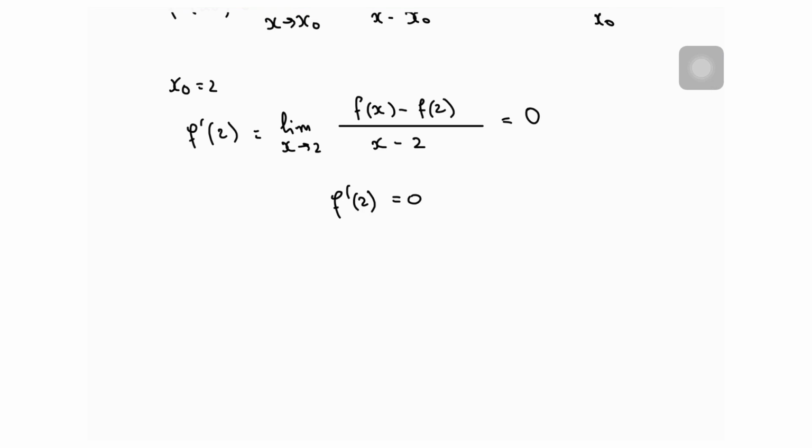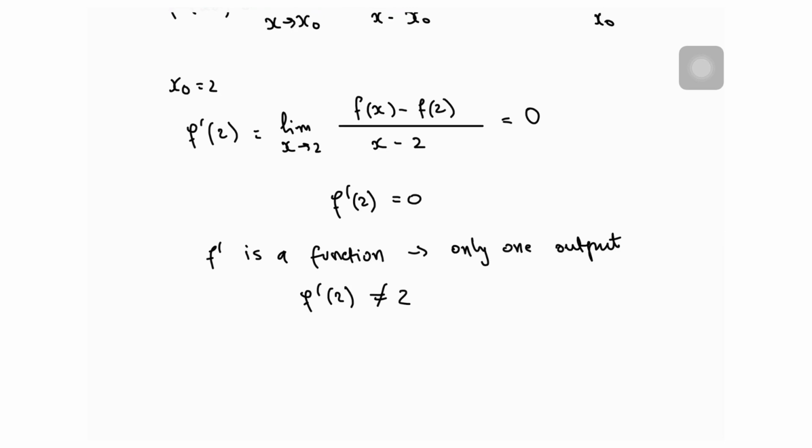So f prime of 2 equals 0. Now, how can we argue? We can say that f prime is a function, so it can have only one value, only one output. Therefore f prime of 2 cannot be equal to 2.